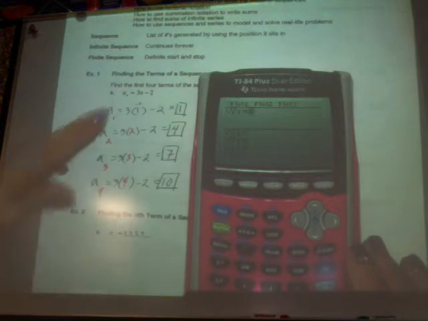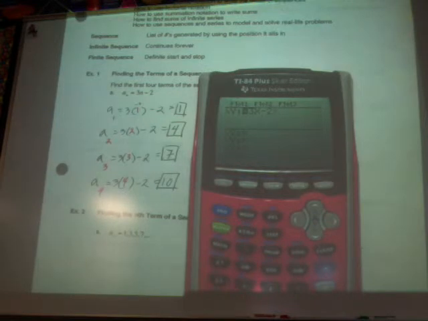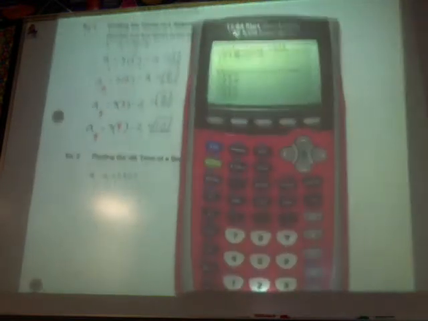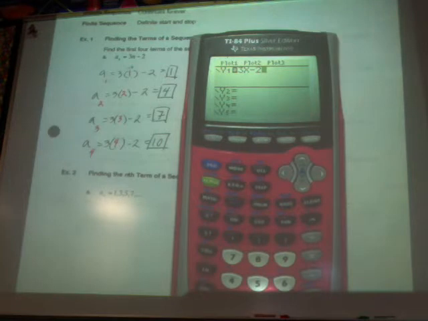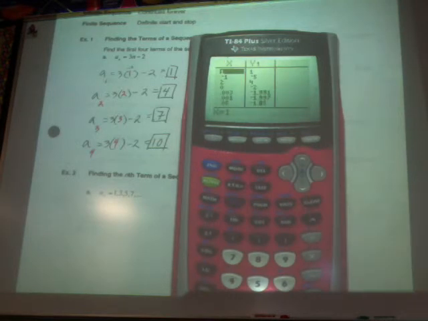And we're going to plug in this sequence here, 3x for our purposes, minus 2. And then if I go to tables, second function graph, I can just input 1, 2, 3, and 4. Are those the values that I just got?